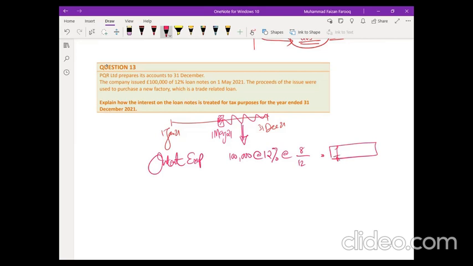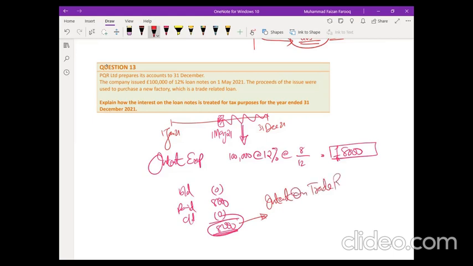I think it's coming to 8,000. Now we don't have BD, we don't have CD. Paid amount is 8,000. So the final answer is also 8,000, right? My question to you, this loan is business related, trade related, or not trade related? Trade related.